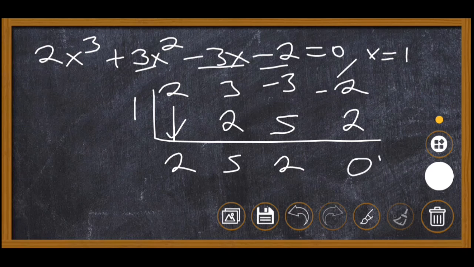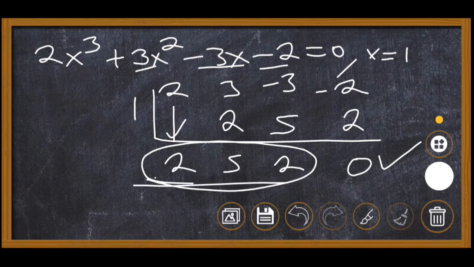So the value which is here is the remainder. The values that you have here are the ones that form the quadratic equation. So this is your area of interest. These are the only values that we are going to use to form a quadratic equation.